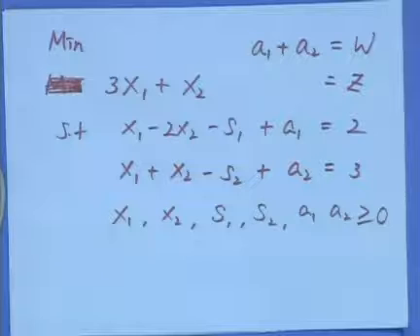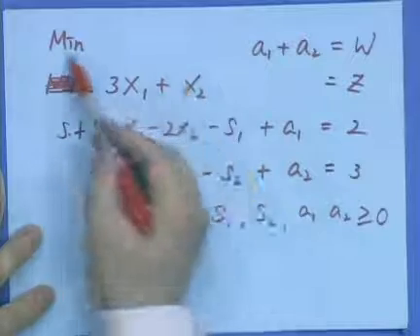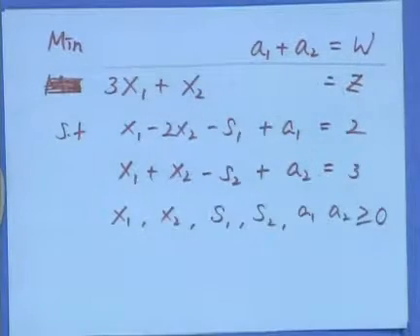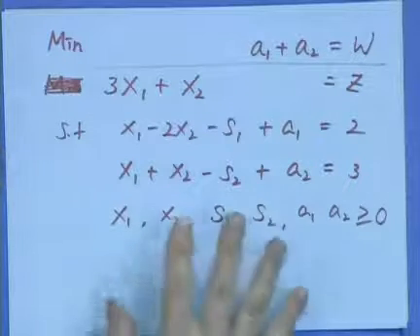We need to solve an LP whose objective function is the phase 1 objective, which is minimize W equals A1 plus A2. And we can construct an initial Tableau based on this.